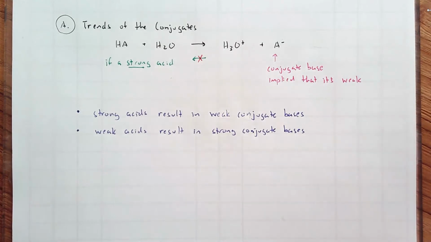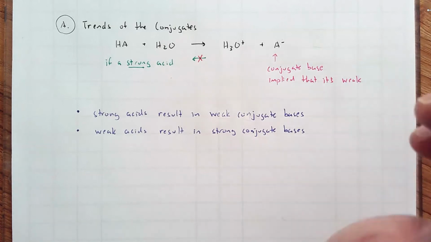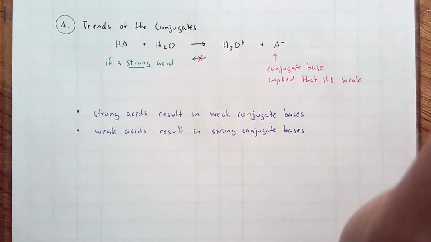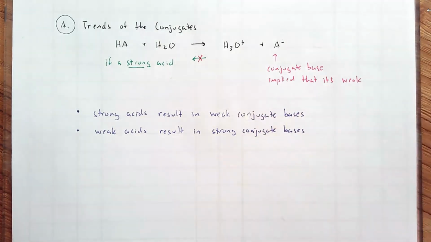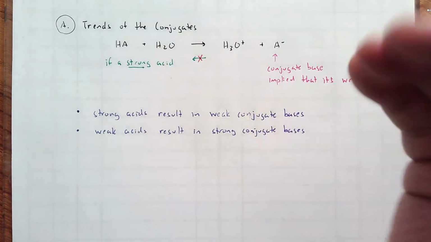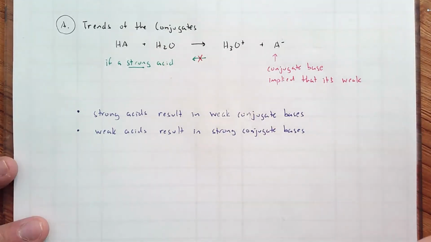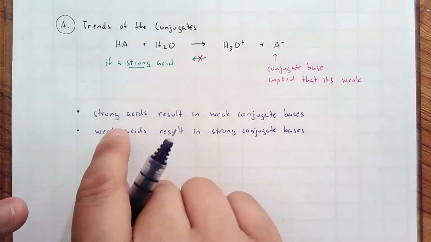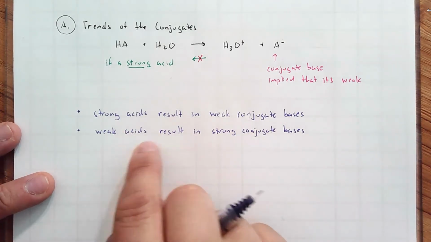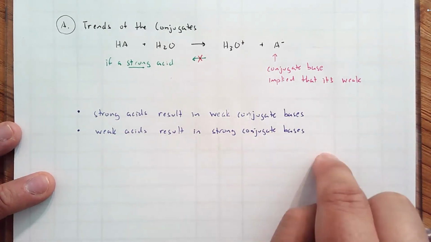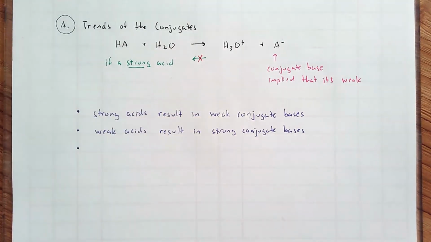This doesn't always align with our memorization of the 7 strong acids and the 8 strong bases. You'll see later that what I mean by weak and strong is in comparison to other molecules in a set. So really what I could say is the stronger acid results in the weaker conjugate base, or the weaker acid results in the stronger conjugate base. Don't worry, when we do a couple of examples, this will all be pretty obvious.